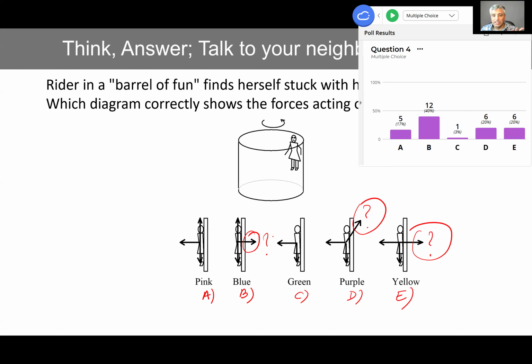Whenever we draw the direction of friction, we know it's opposite to the motion, or opposite to the direction in which the object is trying to move. So in this case, if we say this is the friction force, does that mean the kid is trying to go to the center of the circle somehow?